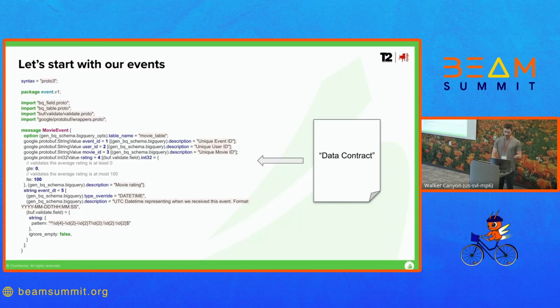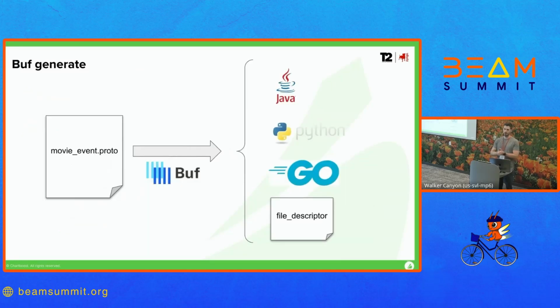Once we have everything defined in our data contract, the next thing to do would be to generate the different things. So out of the Proto, as I said, for this example, I'm using Buf. It's a simple CLI command. They do provide a CLI tool, which is really convenient. It would be just buf generate. I'm preparing a blog post about how to do all this.